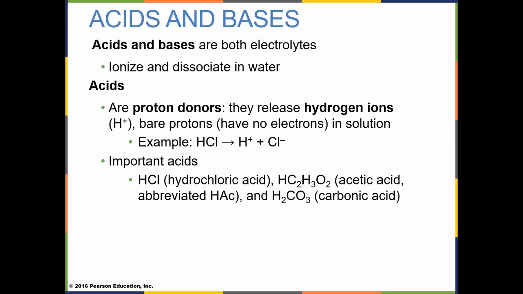And so if we generate a lot of CO2, we breathe faster to blow it off, simply because we formed a lot of carbonic acid. CO2 plus water is going to form carbonic acid. Okay, so hydrochloric acid and carbonic acid are the two big acids we deal with in our bodies.